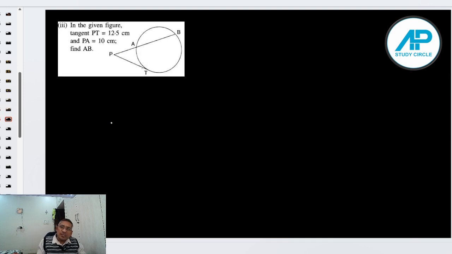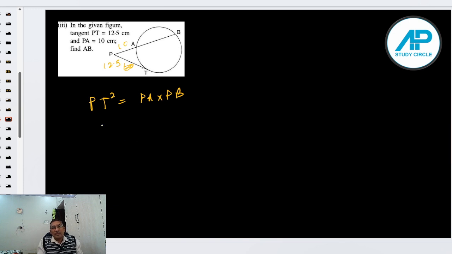This property was the property of the chord and the tangent intersecting outside the circle. PT square equals PA into PB. I put the value of PA as 10 and PT is 12.5 centimeter.